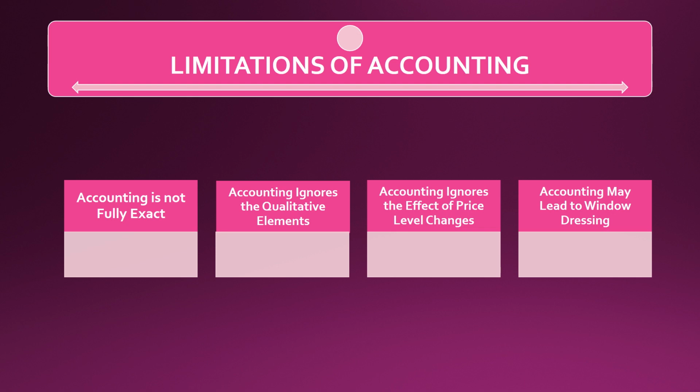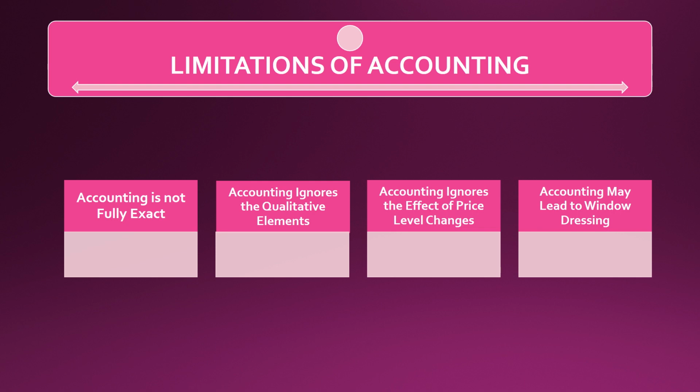Limitation doesn't mean that there are certain wrong things in accounting. No, limitation means that certain areas are restricted from being considered by accounting, and such things limit the scope of accounting to some extent.